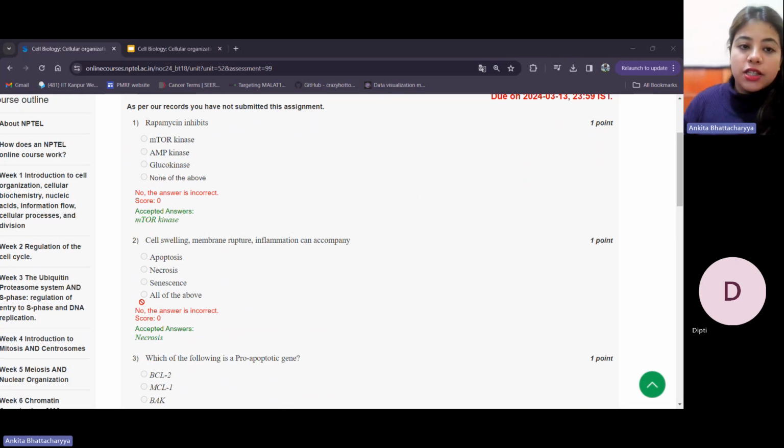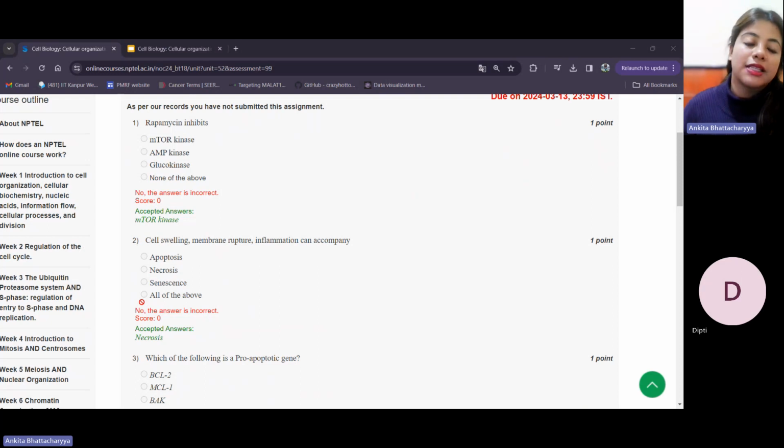So the first question is about rapamycin. I think we had discussed this as well in the last interaction session. The drug rapamycin is an inhibitor of which of the following enzymes? So in the options, we have mTOR, AMP kinase, glucokinase, or none of the above. Now, the very name of this particular intermediate in the signaling pathway, which is mTOR kinase, is indicative of the function that it is associated with.